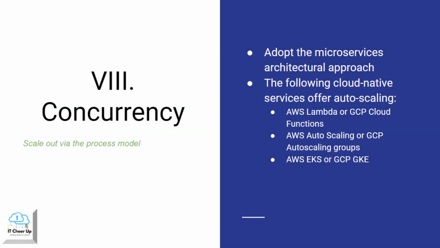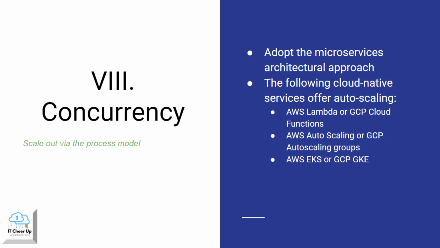Number 8, concurrency. You should adopt the microservice architectural approach to software development. Microservices architectures allow a large application to be decomposed into small independent services that communicate over well-defined APIs.